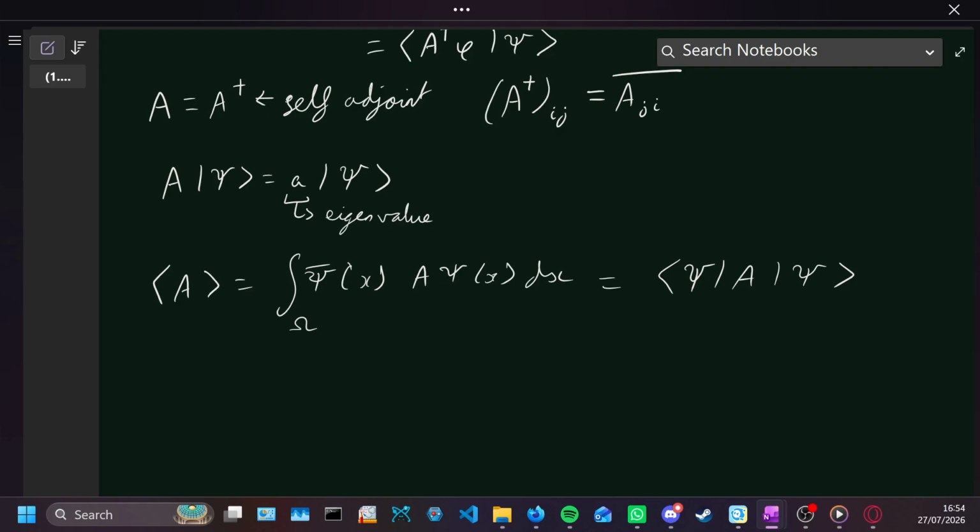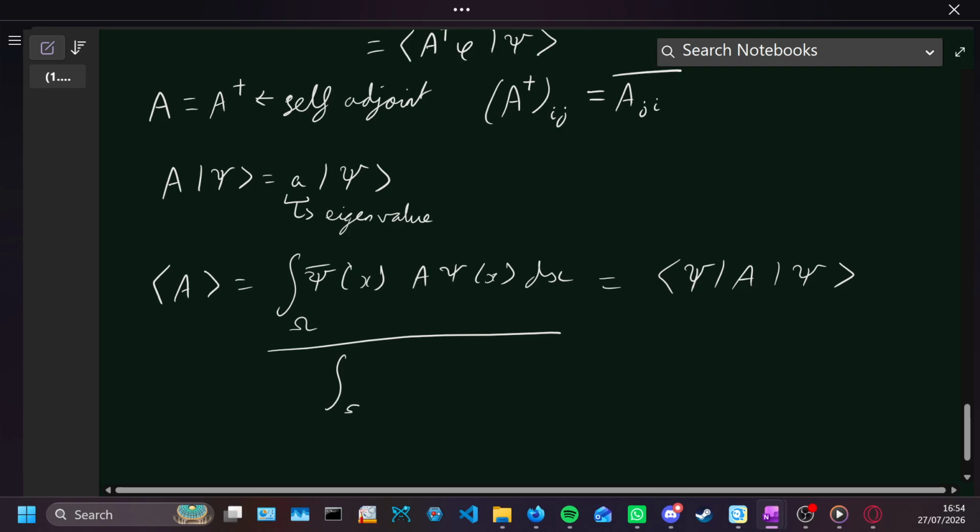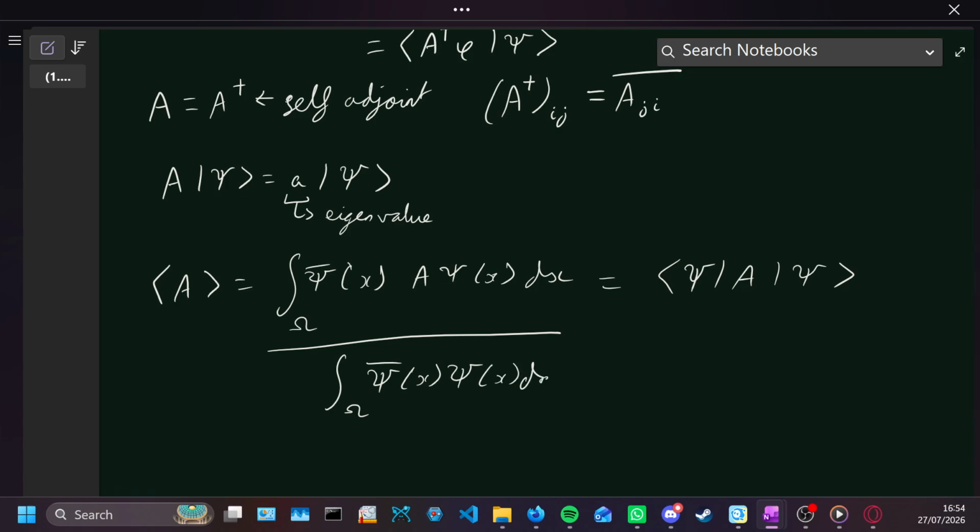If the total probability isn't equal to 1 because I haven't normalized my wave function, I should also probably put that in a denominator. However, most of the time it will be normalized, and so this denominator here is just 1.